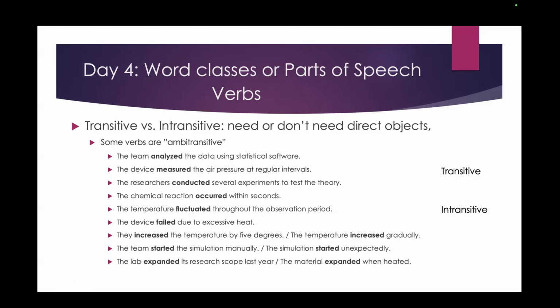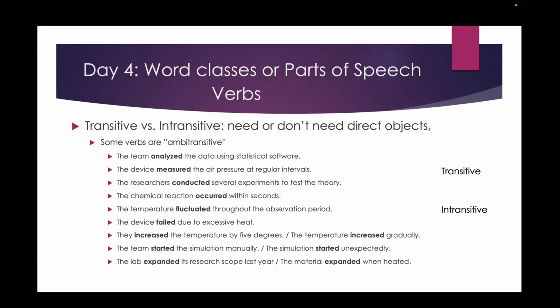If we want to convert this phrase into one that uses the verb in an intransitive way, then we can say: the temperature increased gradually. So after the verb, there is no direct object. In this case, there is an adverb that is modifying the verb.